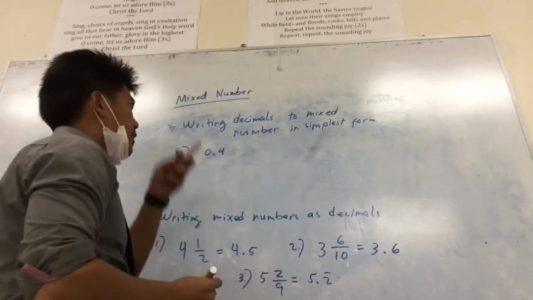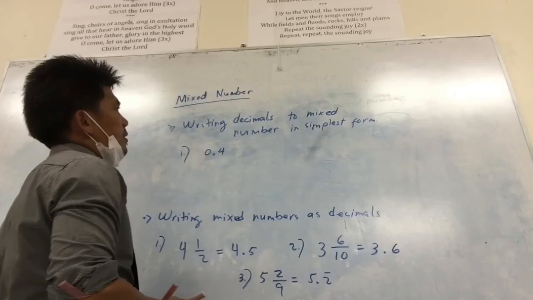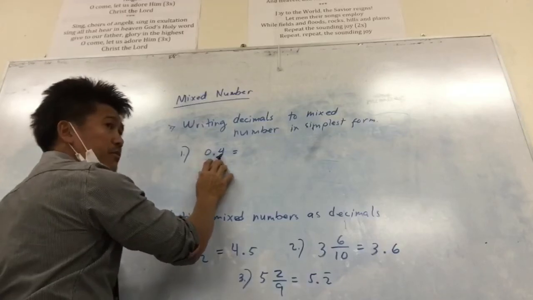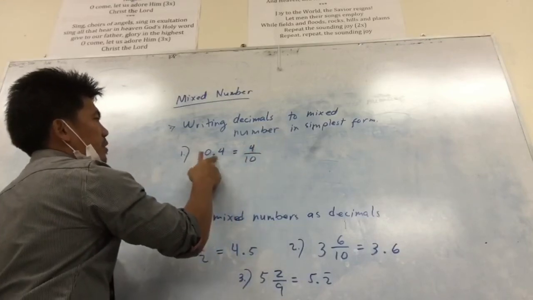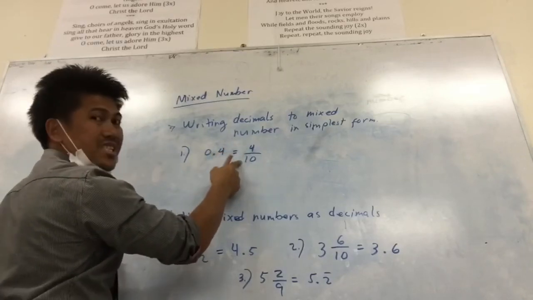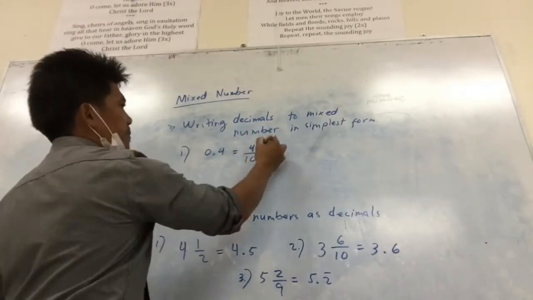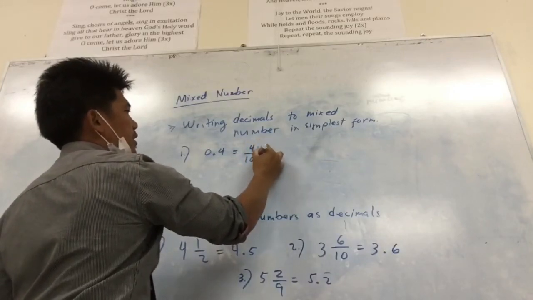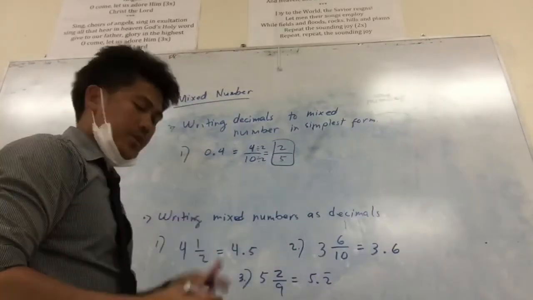How do you make it into a mixed number or fraction? 4 is in the tenths place, so this is 4 over 10 because 4 is in the tenths place. That means 4/10. Remember the places. Then simplify. The GCF is 2, so divide by 2. This is 2 over 5. So that's the final answer.